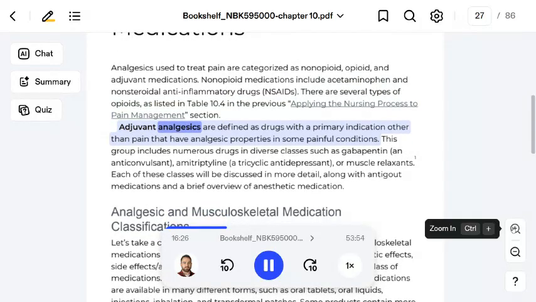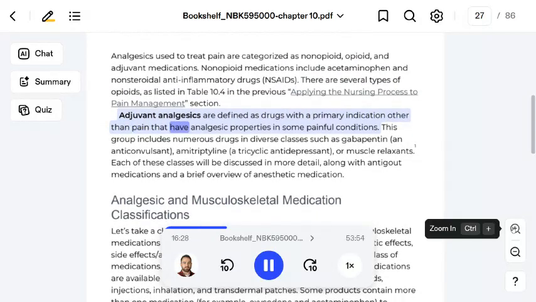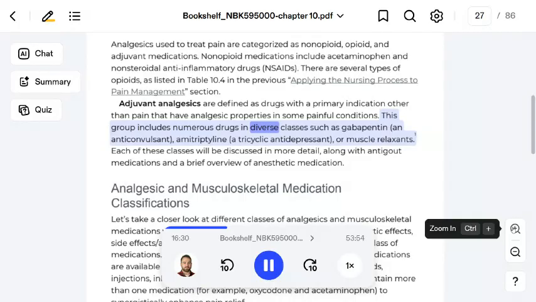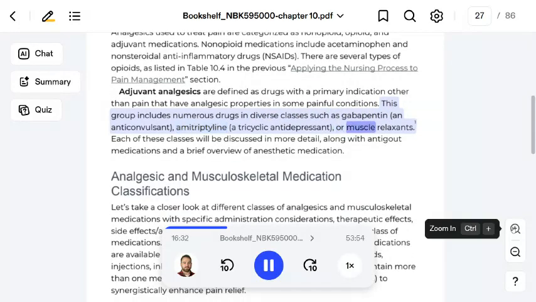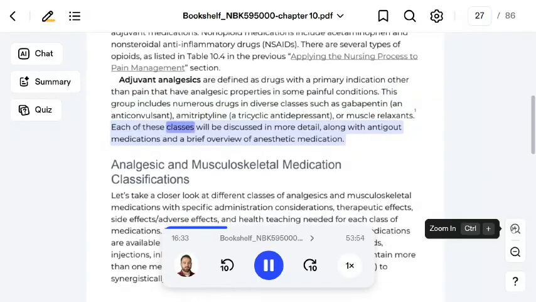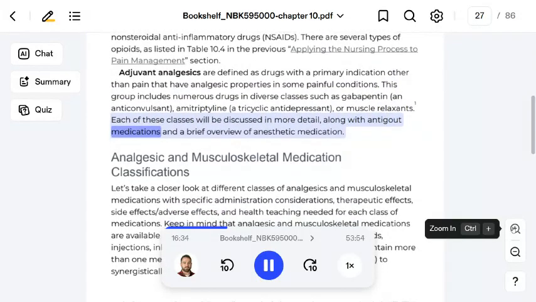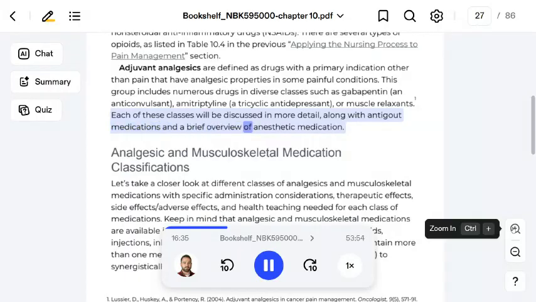Adjuvant analgesics are defined as drugs with a primary indication other than pain that have analgesic properties in some painful conditions. This group includes numerous drugs in diverse classes such as gabapentin, amitriptyline, or muscle relaxants. Each of these classes will be discussed in more detail, along with anti-gout medications and a brief overview of anesthetic medication.